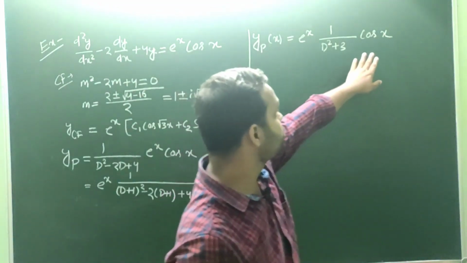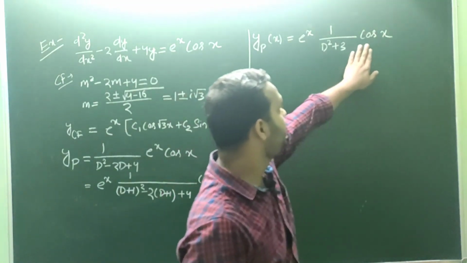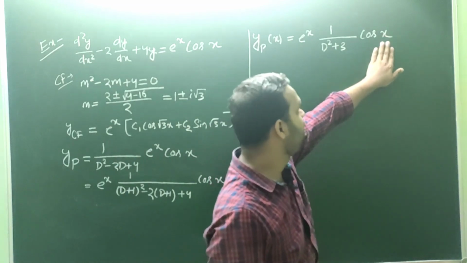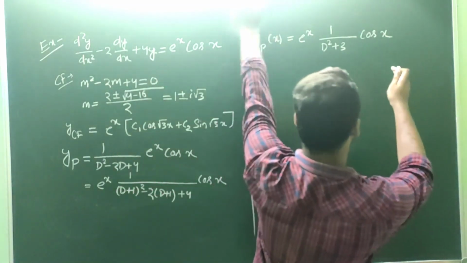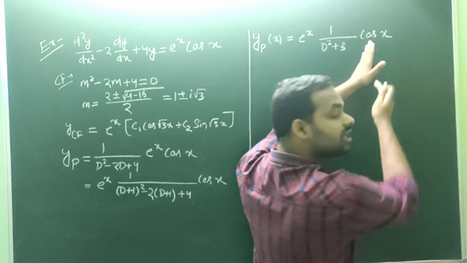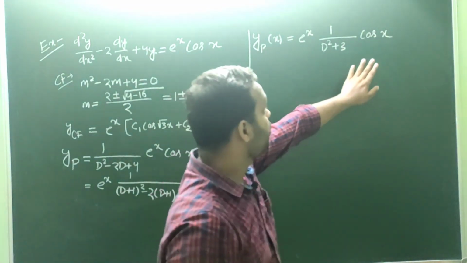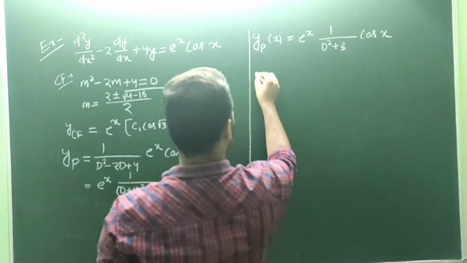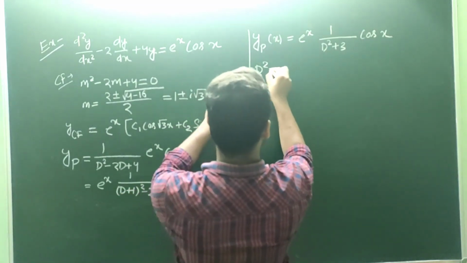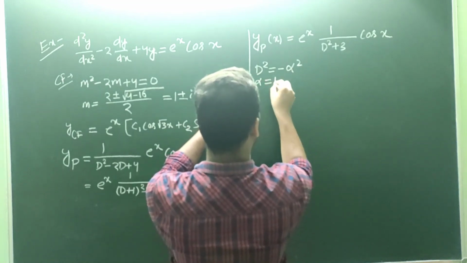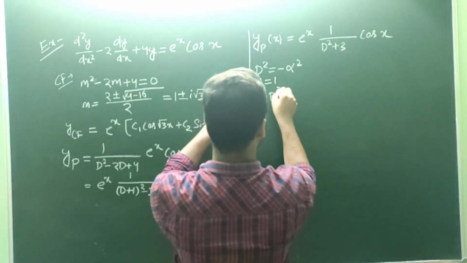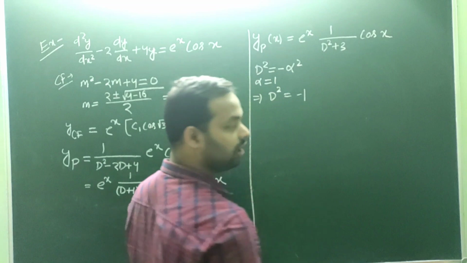And in this cos term, you can see alpha is 1 and beta is 0. So then you can simply follow the method I told you for cos alpha x plus beta. For cos alpha x plus beta, you have to put capital D square as minus alpha square. Here alpha is equal to 1, that's why put d square is equal to minus 1.